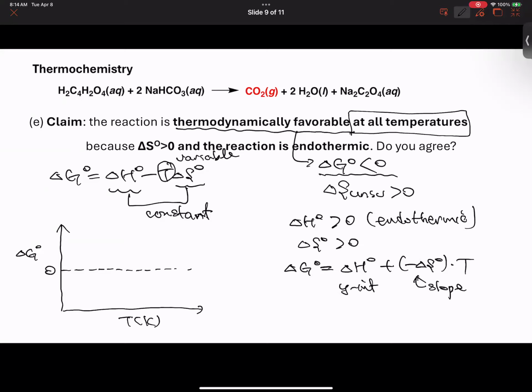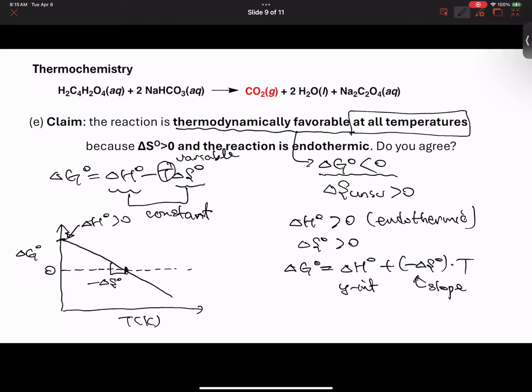Because delta S is positive, negative delta S is negative. Okay, so then I can draw a graph generally this way. The y-intercept is delta H, which is positive. The slope is negative delta S, negative. And that is the line.